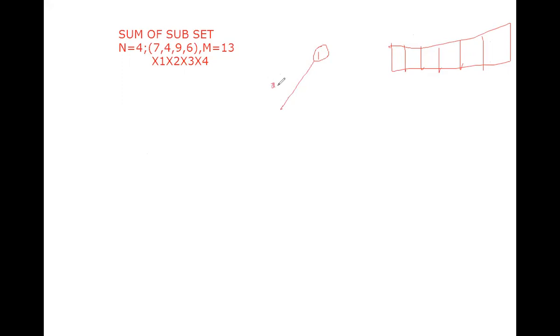That is x1, x2, x3. Different choices are there. So this is node 2, node 3, and so on; this is nothing but the node number.